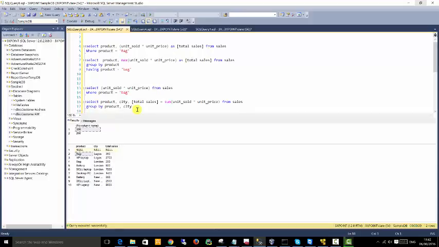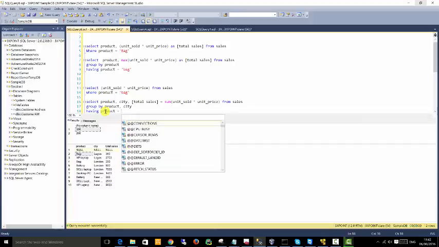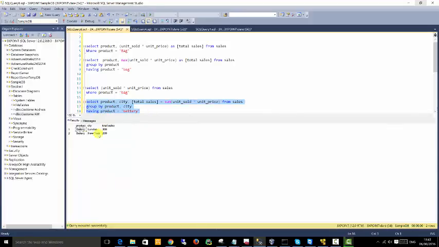So group by and aggregate functions all work together. And if I wanted to limit the data set that's returned after I have done all this calculation and put in all the aggregate functions, I can do that as well. I could just say where product equals, let's say, battery, and it would only give me data for battery.